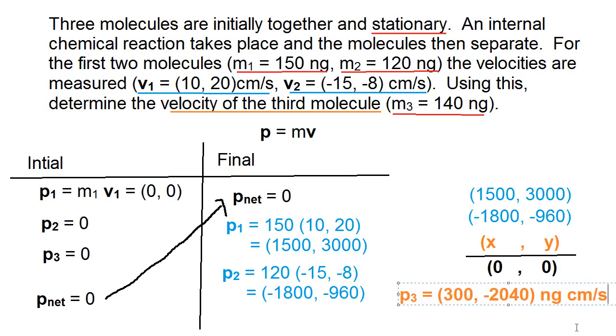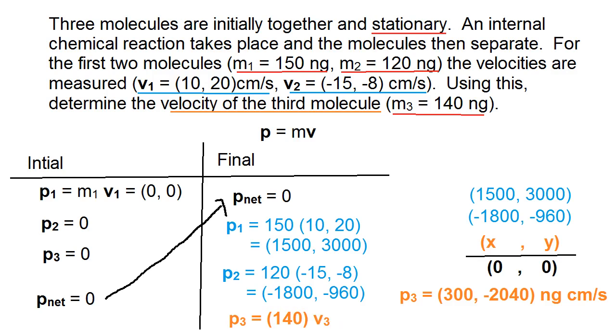mass and velocity, respectively. Now, with this being said, I can actually use this to find the velocity of the third molecule, because momentum number 3 must be equal to the mass of the third one multiplied by the velocity of the third one. And I know here that the mass of number 3 in nanograms is 140.